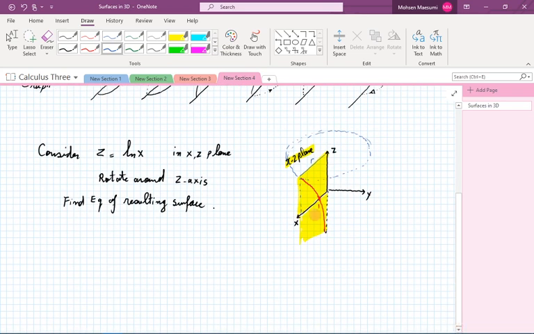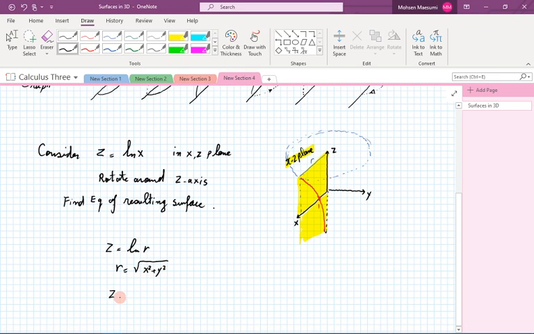As I go around, I have to think about this as a logarithm of r. z is equal to the logarithm of r, and r itself is going to become the square root of x squared plus y squared. So z is the logarithm of r, where r, as you go around here, is the square root of x squared plus y squared.